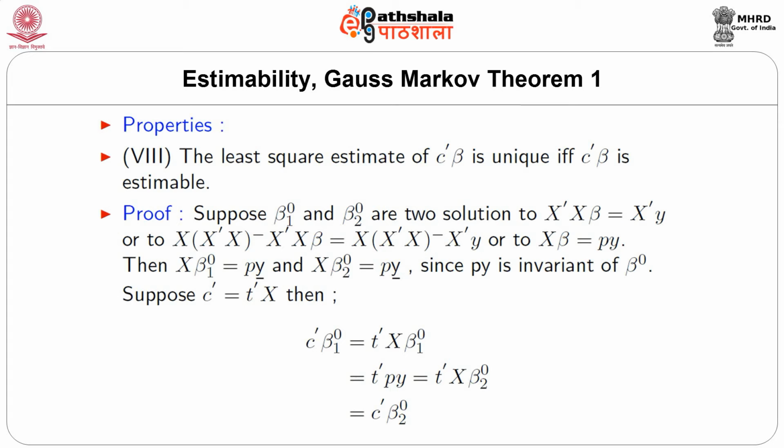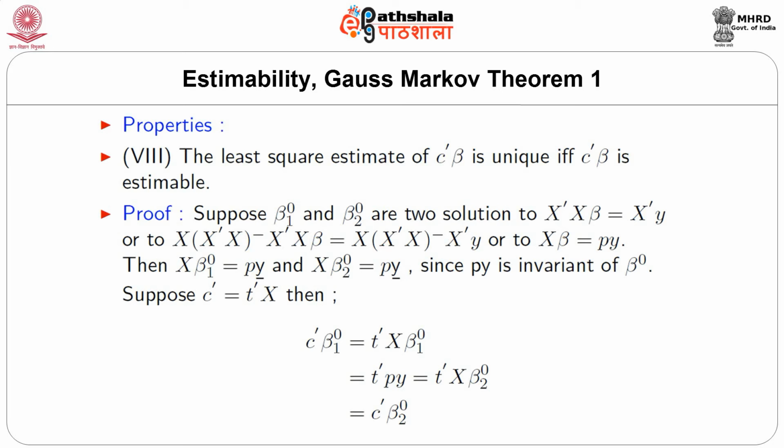The 8th property says the least square estimate of C transpose beta is unique if and only if C transpose beta is estimable. The proof is simple.